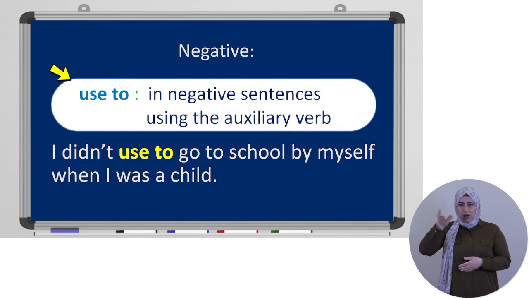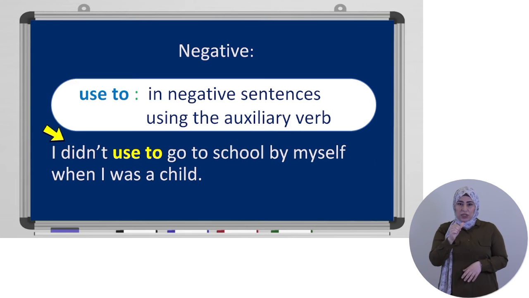However, if I'm using it in the negative form, then I would use it with the auxiliary verb did. I didn't use to go to school. If I decide to use it in the negative form, I'm going to remove the d because I replaced it with the negative auxiliary form in the past. I didn't. I can't say I don't use to because I'm talking in the past. It always has to be did.